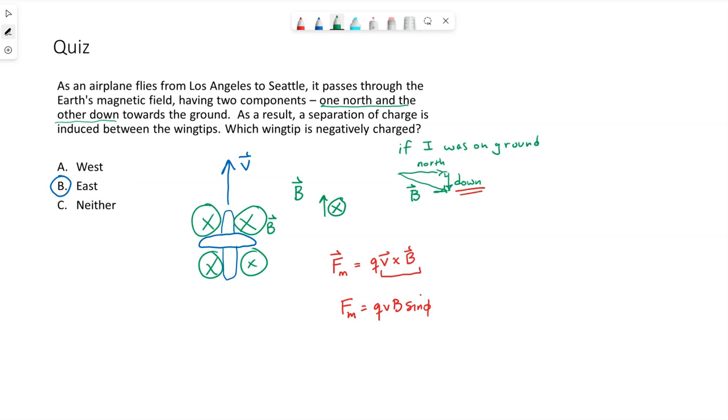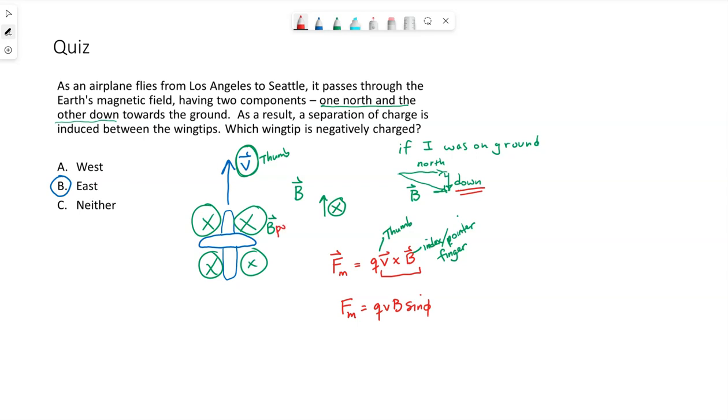So if I put my thumb of my right hand pointing northwards, or in terms of my picture, in the direction of this velocity, so point my thumb towards the top of the screen, then I know my index finger or pointer finger needs to point in the direction of B, which is into the screen.